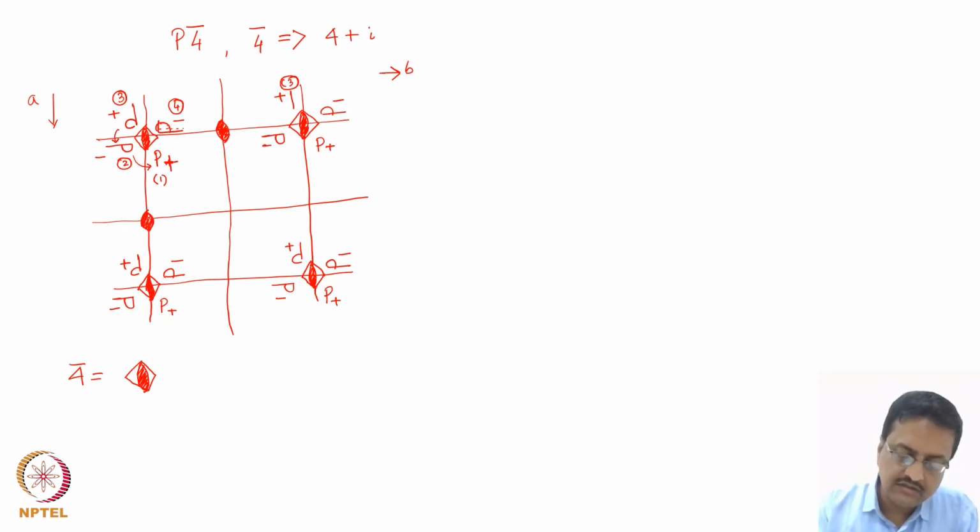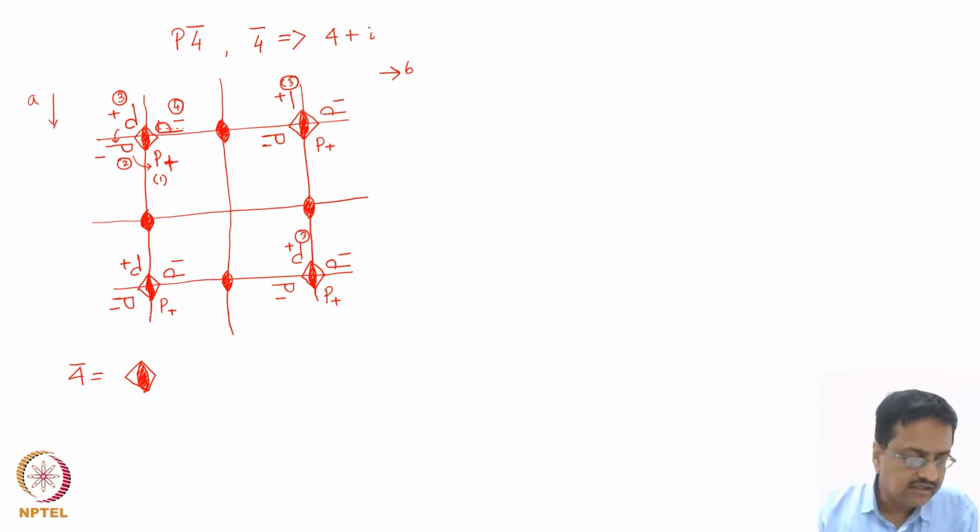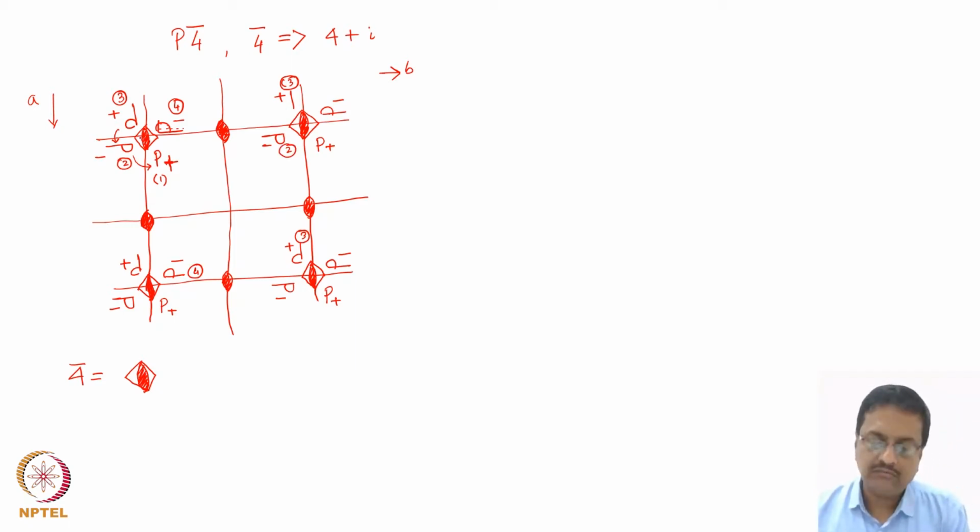So every edge, the midpoint of the edge is a two-fold axis, and then what we see is that between this and that, which is 1 and 3, and then between this point, which is 4, and that point, which is 2, it is exactly like the 4 bar point.